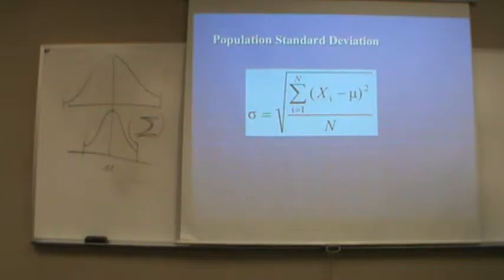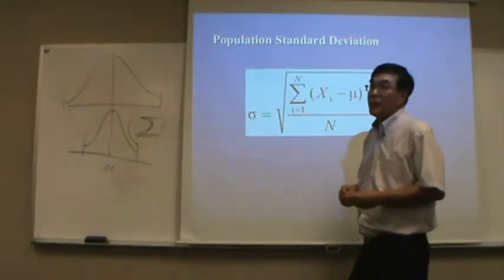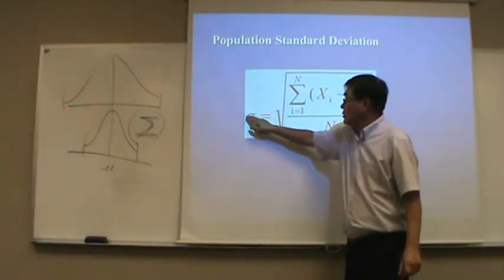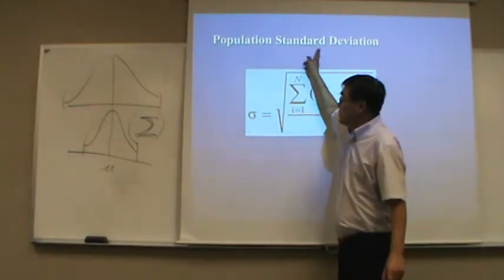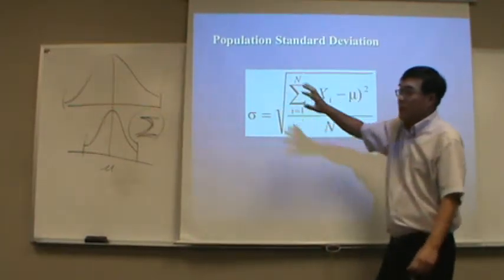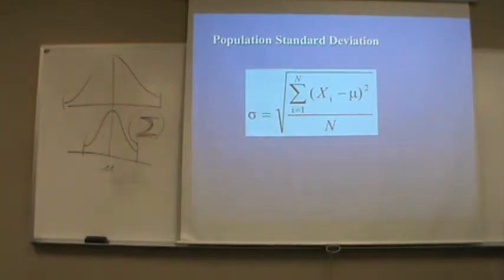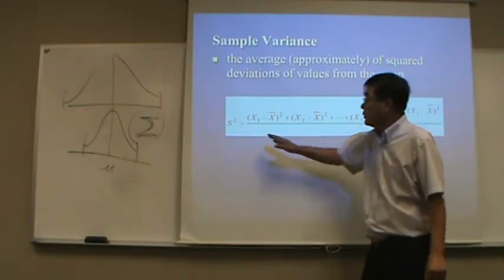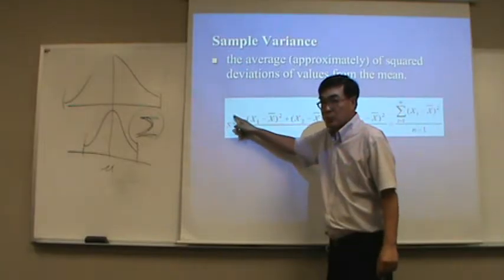Population standard deviation is the square root of the variance. So sigma, population standard deviation, equals the square root of the population variance. Sample variance is the same but different, as s squared.